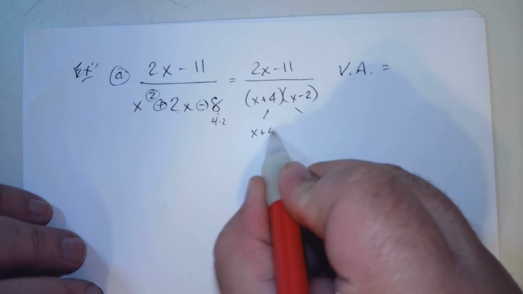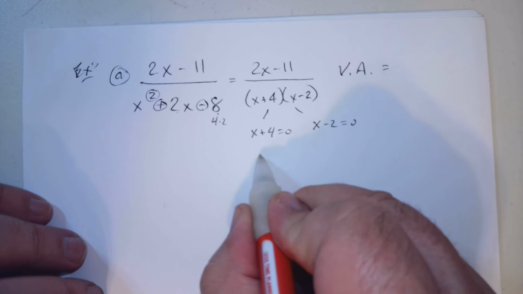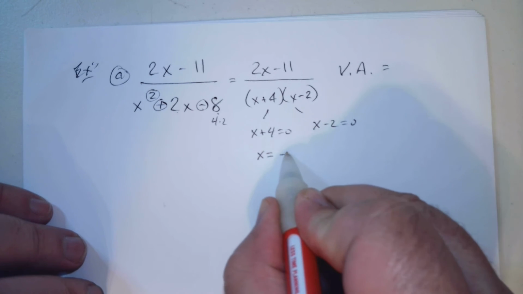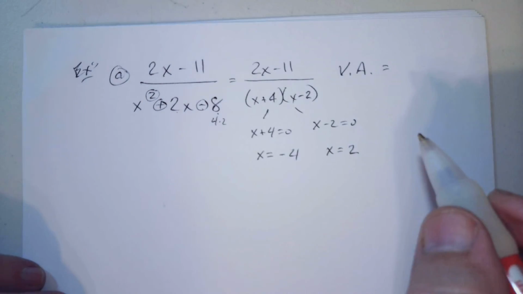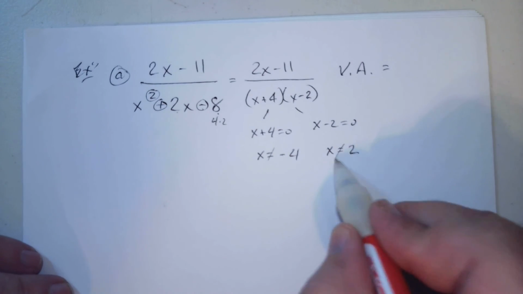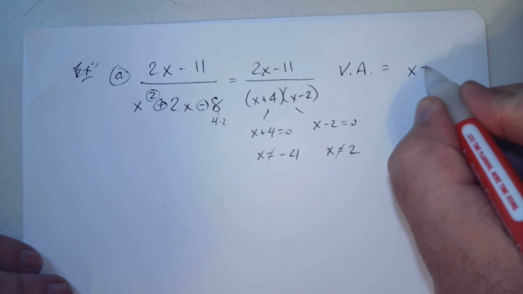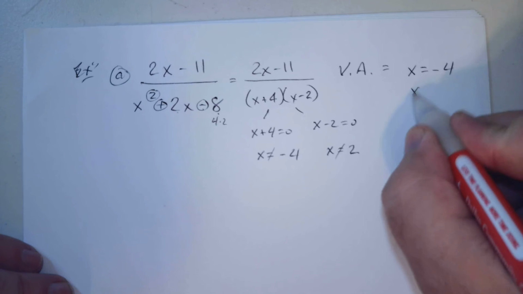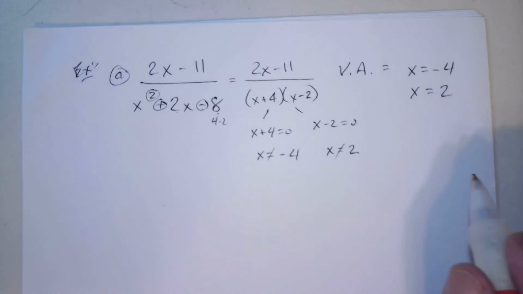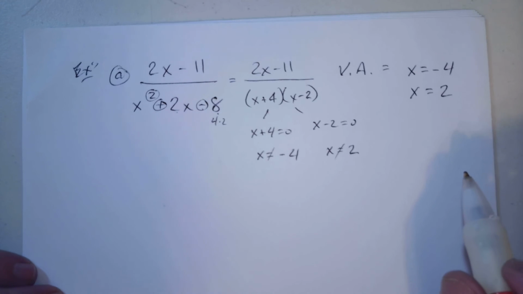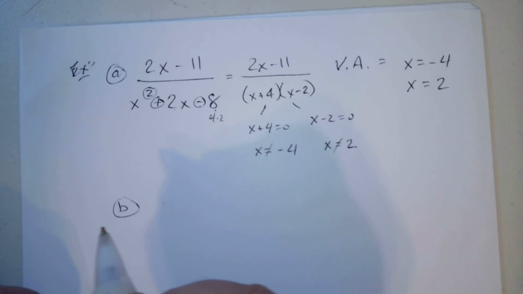Set those equal to 0. So x equals -4 and x equals 2. Since I can't use those, my vertical asymptotes are x equals -4 and x equals 2. Whatever I can't use, that's my vertical asymptote.